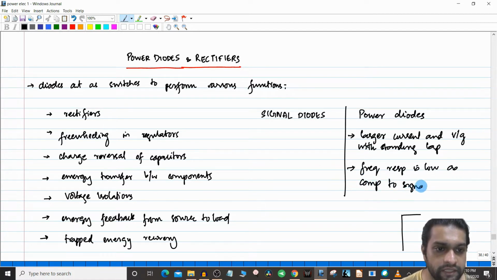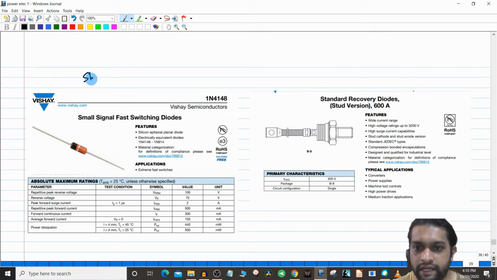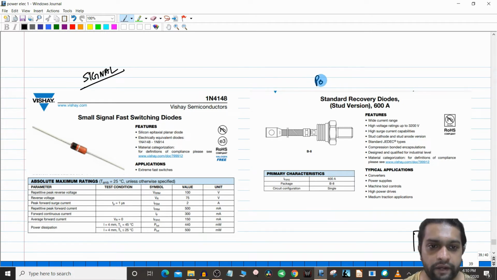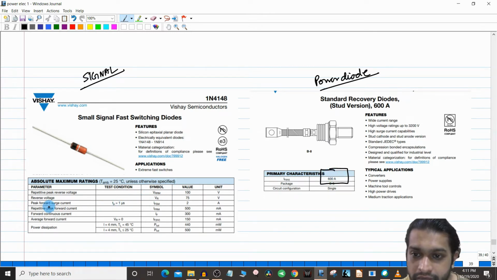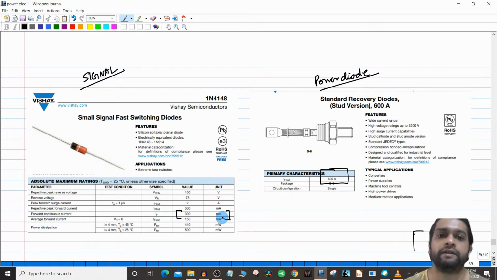I've taken a simple data sheet here just to give you a comparison between these two. This is a signal diode from Vishay Semiconductors, a very popular manufacturer, and this is a power diode. You can see the ratings of the power diode, which can go up to 600 amperes, a huge rating. For the signal diode, the forward continuous current is 300 milliamperes, and usually signal diodes are in that range, whereas power diodes you can find in higher currents and higher voltage ratings.